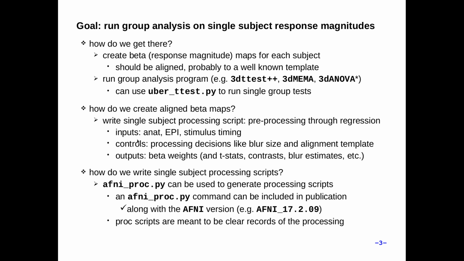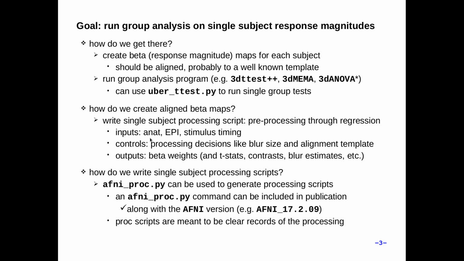The inputs to that processing script will start with data inputs. You might have the anatomical data, the EPI for each subject, and the stimulus timing that's particular to that subject. Possibly other things, other masks, or field map or blip up, blip down distortion correction data sets.